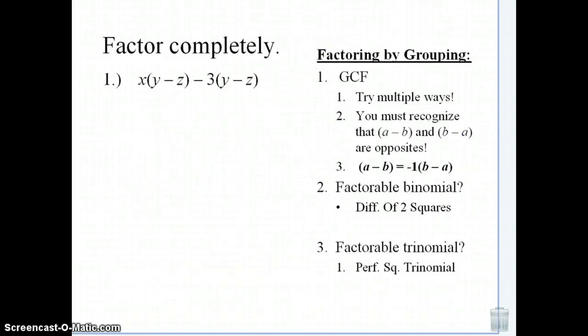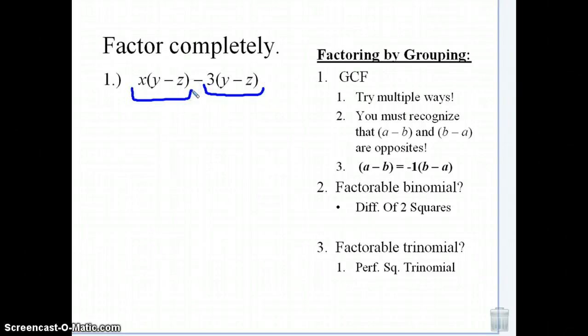Okay? Here we go. So we're going to factor completely. When I look at this, first thing I ask you is, how many terms do I have? How many terms are up here? Anybody remember? Yes? Two terms. Here's one term. Here's another term.